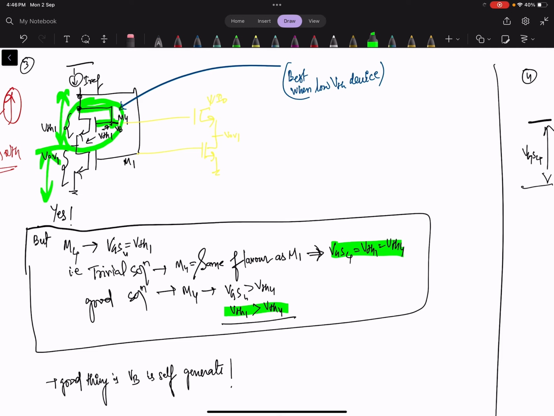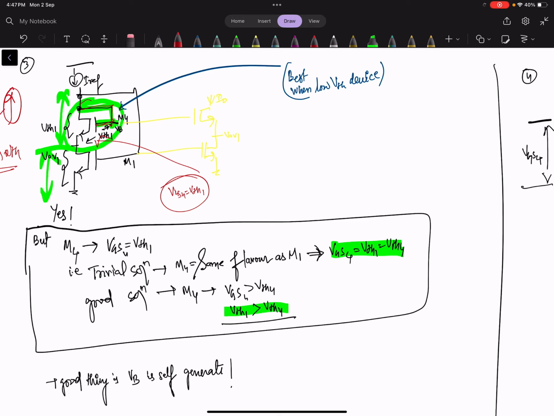So from here we can see that since it is diode connected, the VGS requirement of this device, VGS4, is equal to VTH1. Then only it will work.